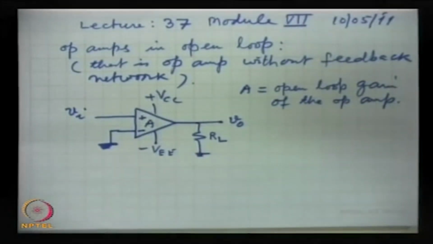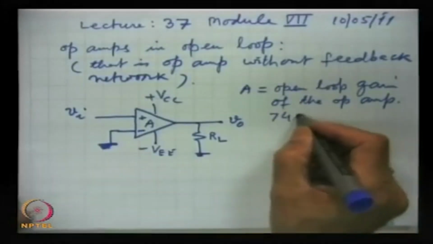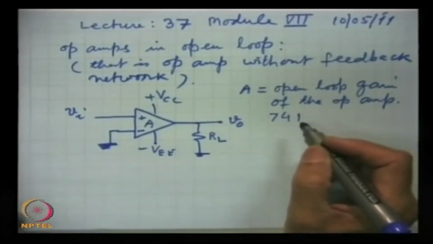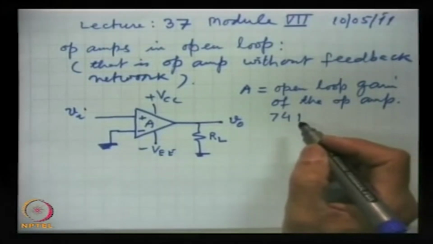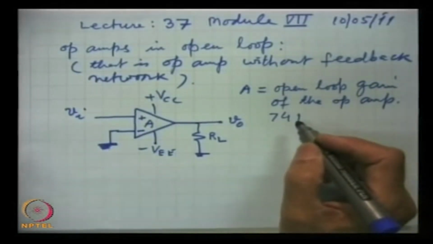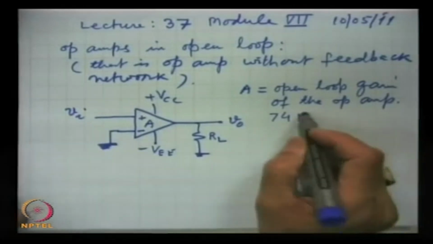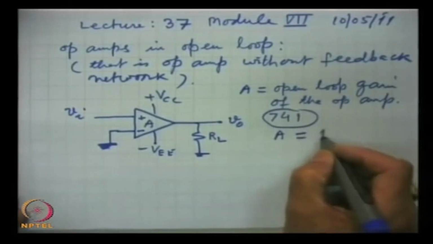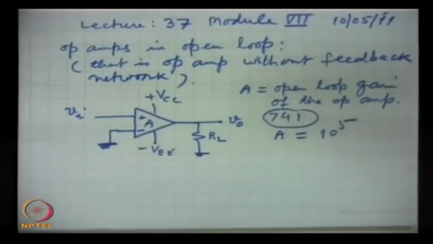The 741 op amp, which is a general purpose op amp, we are taking as the model, just a sample to be used. So, this 741 has A around 10 to the power 5, 100,000 is the voltage gain.